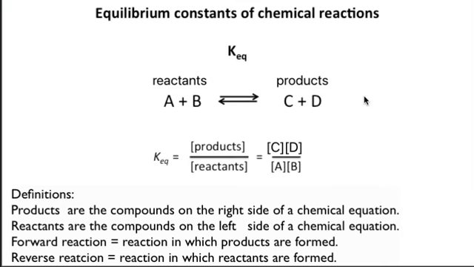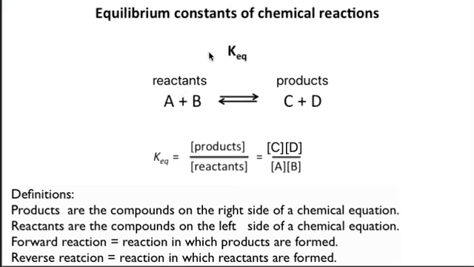Let's say that you have an enzyme that takes A and B and converts it to C and D. No reaction goes to completion, meaning if you start with a whole bunch of AB and expose it to the enzyme over a period of time till it reaches equilibrium, there will be some AB and some CD. If you start with pure CD and put it in an enzymatic reaction, it will form some A and B.